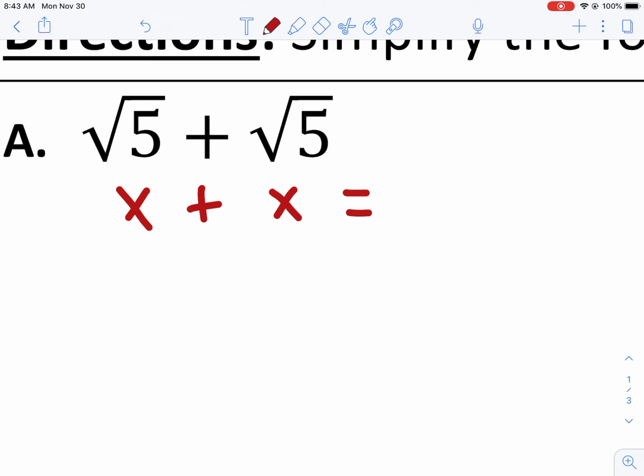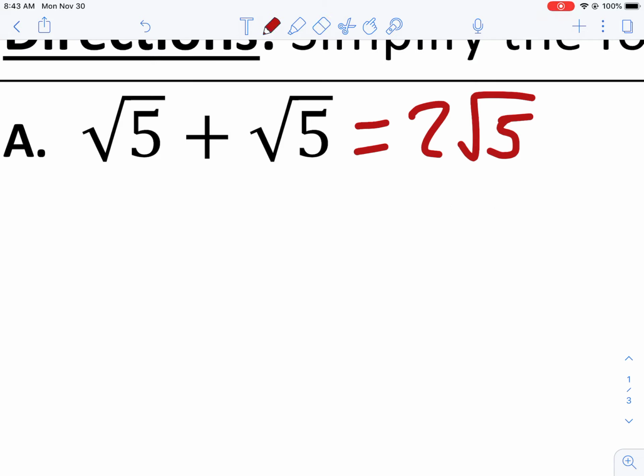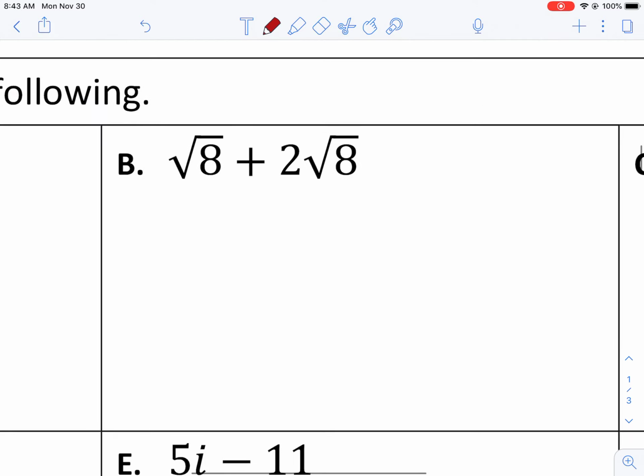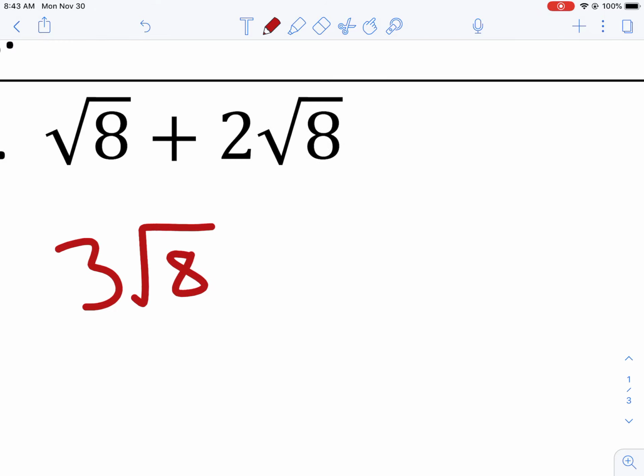We all know x plus x is 2x, so radical 5 plus radical 5 is just 2 radical 5, because you have 2 of them. So you treat the radicals just like you treat variables, and you do the math the same way. So here we've got radical 8 plus 2 radical 8. In total, we end up having 3 radical 8s.